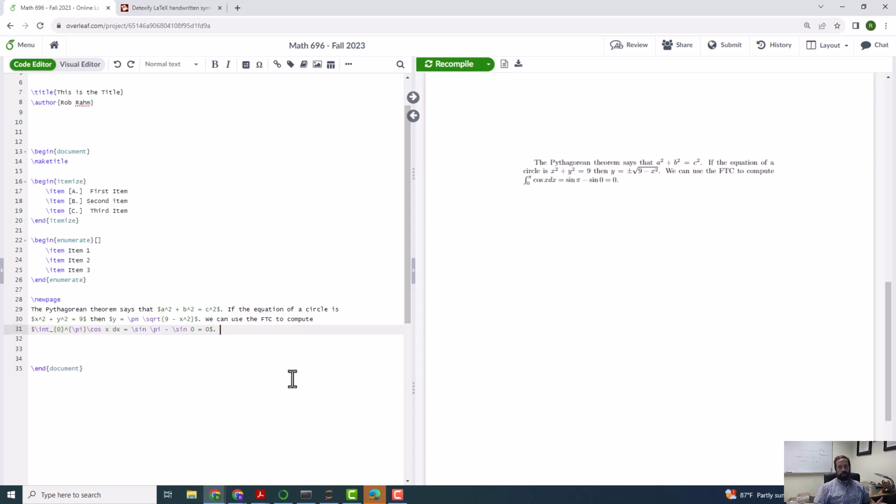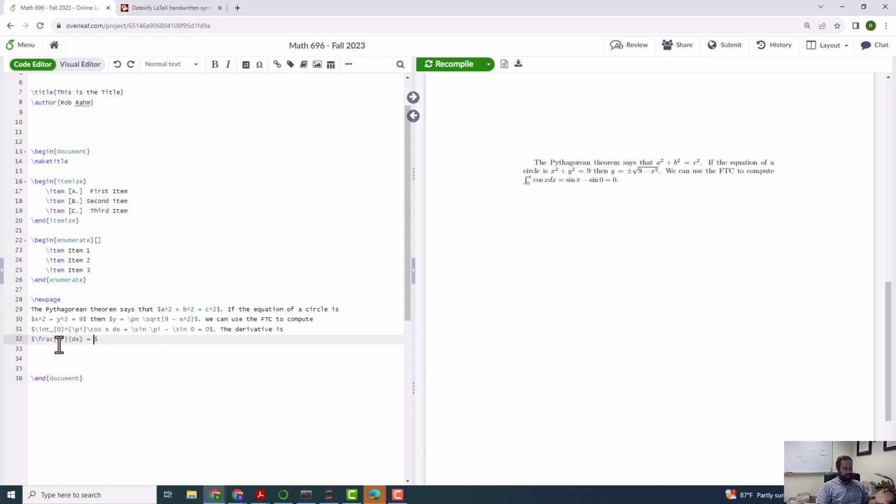Let's say you want to do a derivative. So we can say the derivative is, frac gives us a fraction. It's going to be a fraction followed by two arguments. The first argument is the numerator, the second argument is the denominator, so I'm going to put df dx is equal to, and I'm just going to write the limit definition of the derivative.